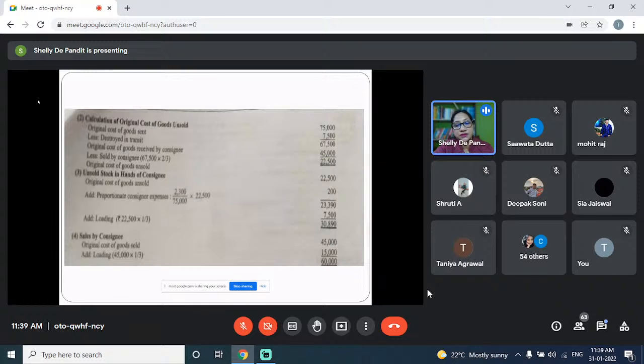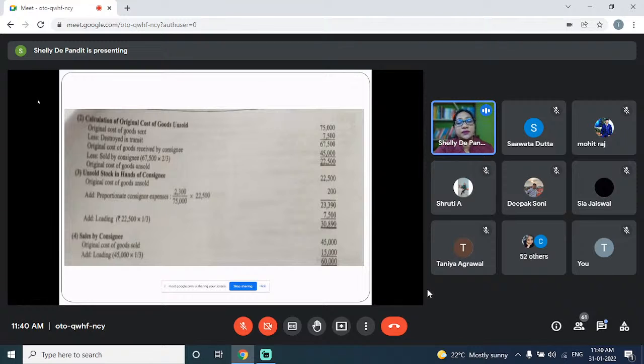so as to have the original cost of goods sold. It will become 45,000. Once again, goods sent 75,000 cost. Forget invoice price. Goods lost, how much? Goods lost 7,500, deduct it, find out two-thirds, you will have 45,000.